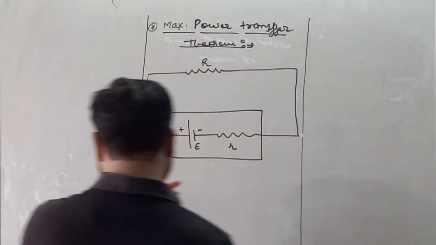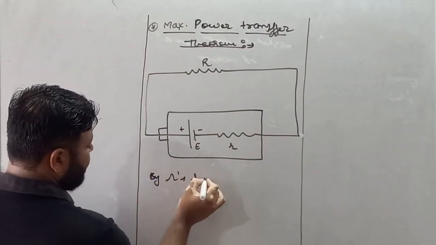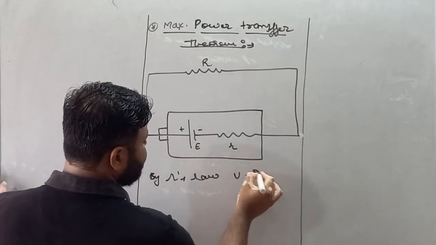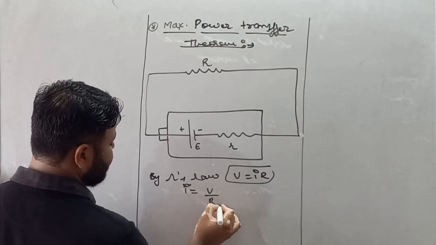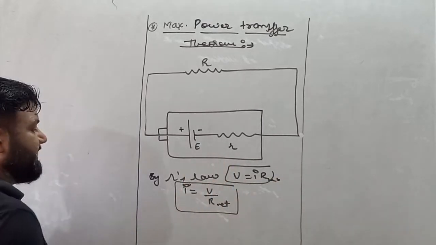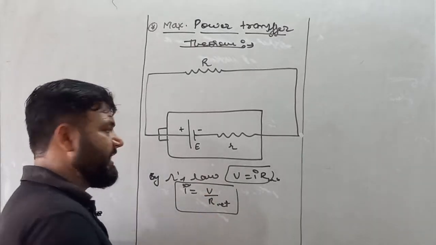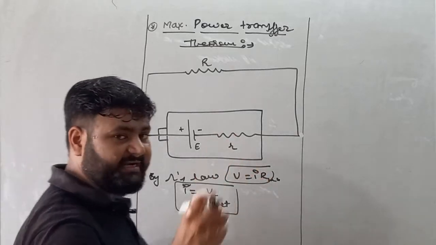Now see, my dear students, by Ohm's law we know that V equals I R net, so I becomes equal to V by R net. Remember this thing. Now we all know that the resistor can draw current from the battery.